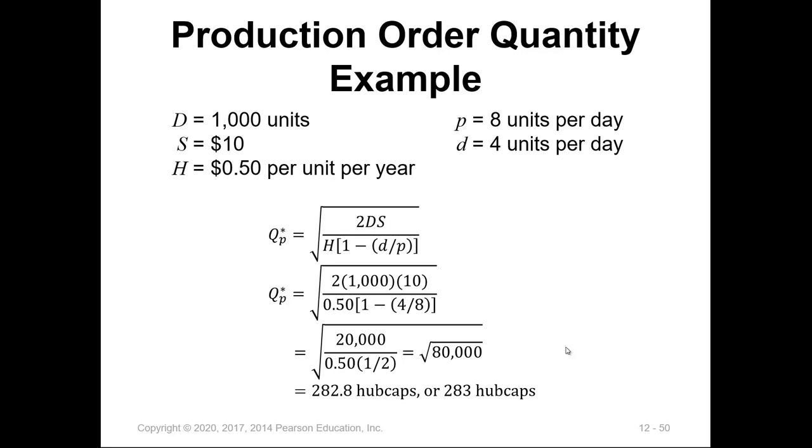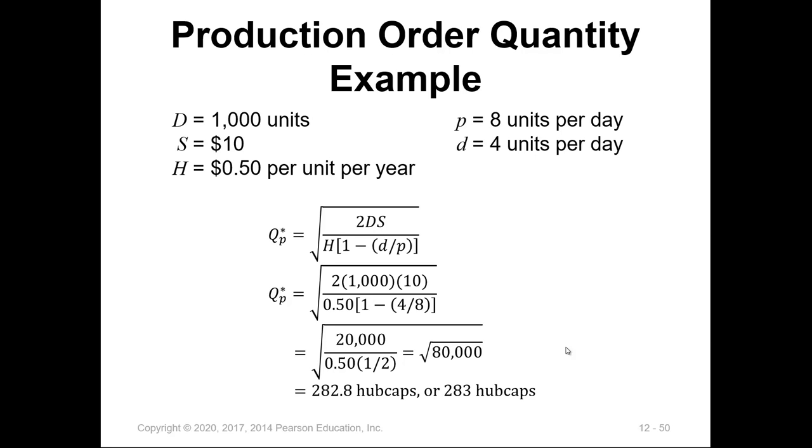So we have Q star for the production equal to the square root of 2DS divided by H multiplied by 1 minus D over P. We have the demand as 1,000 units. That's the annual demand, so the uppercase D is the annual demand, the lowercase d is the daily demand. S is equal to 10.